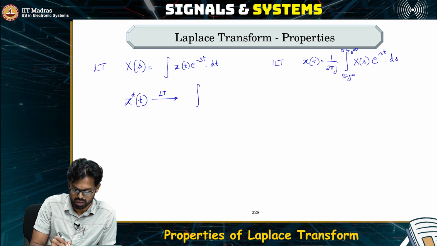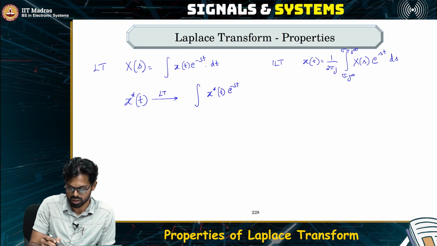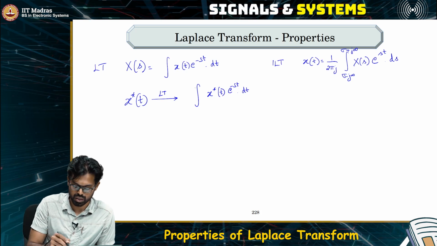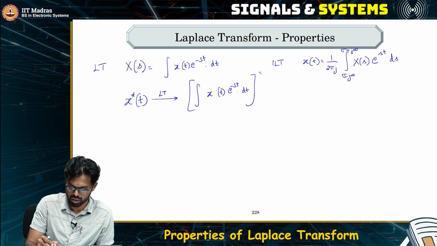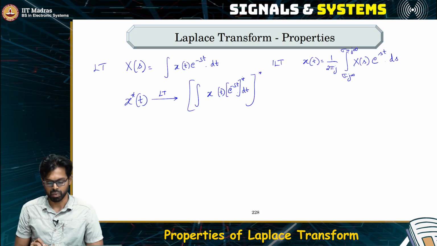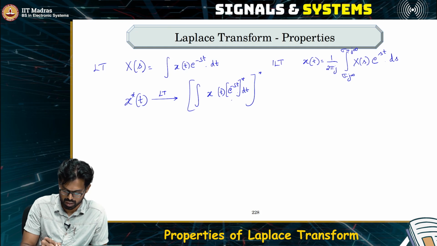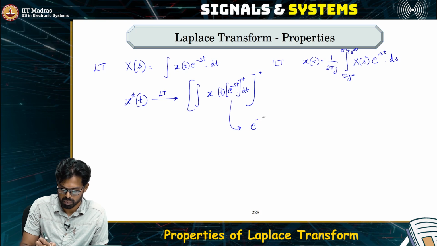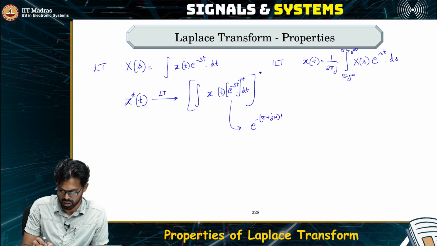If we apply the Laplace transform on the conjugate of x, you can take this conjugate outside, just like what we did in the Fourier transform. So you take this conjugate outside, which means you have to apply the conjugation operation here. How do you apply the conjugation operation to this particular expression? e power minus st is nothing but e power minus sigma plus j omega t.